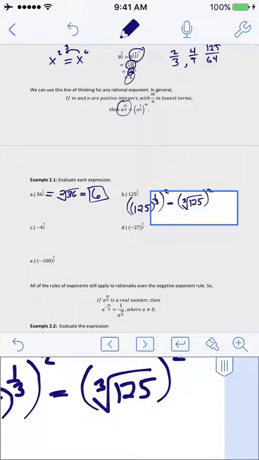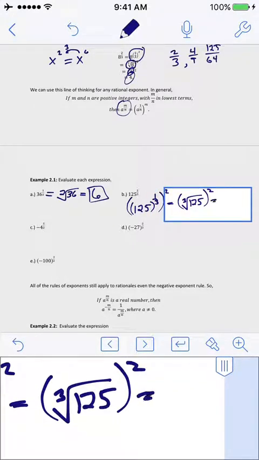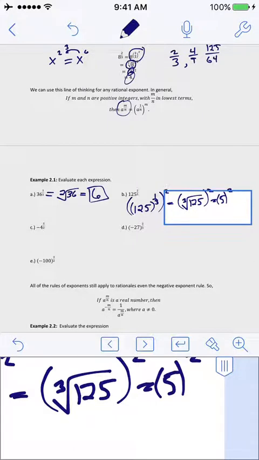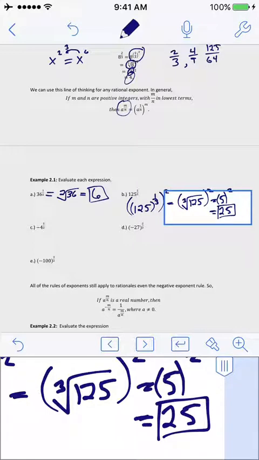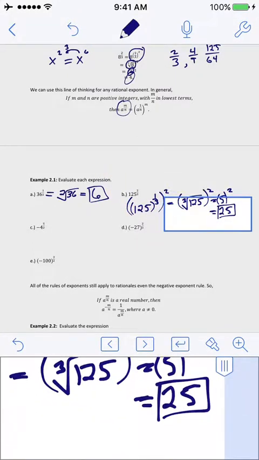I know the cubed root of 125 is 5, so now I have 5 squared, and 5 squared is 25. Awesome. So I simplified this hideous looking thing into something nice and pretty: 25. Just had to go piece by piece.